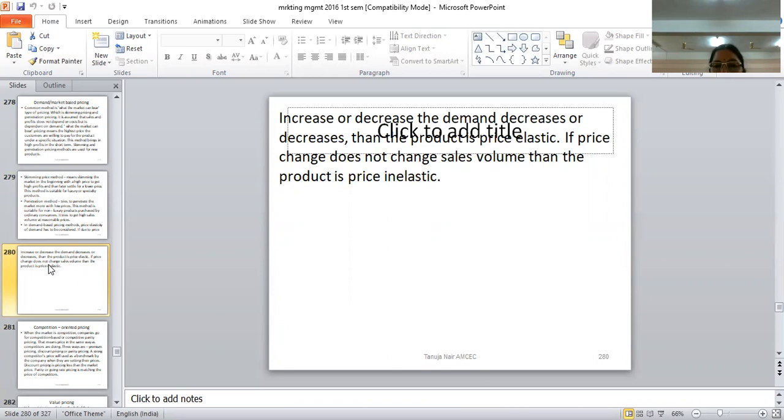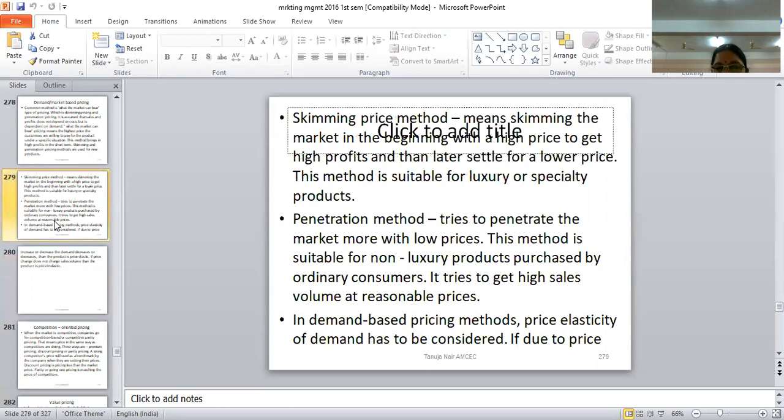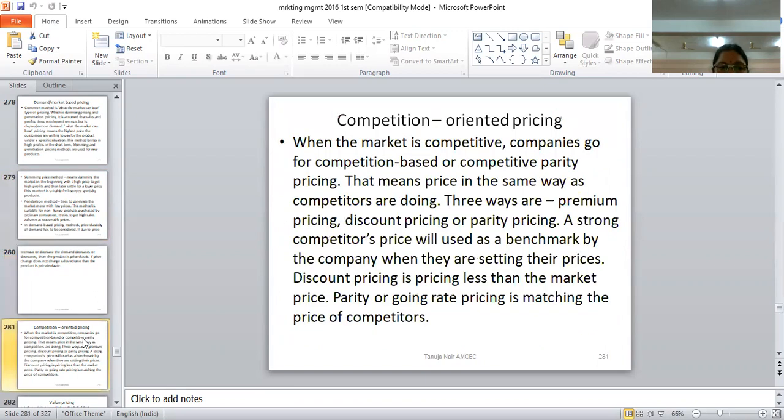So for price elastic products, whose demand changes as their prices go up and down, they follow this strategy: the penetration method and the skimming price method.